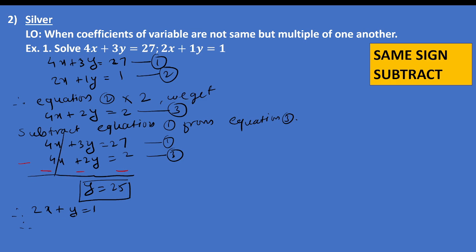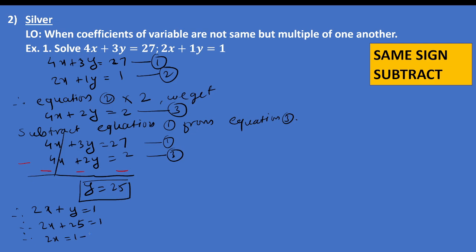Intentionally I took this second equation, because in the second equation I only have one y, so directly I will put the value of y here, 2x plus 25 equals 1, and directly I will shift it there. Otherwise, if I put equation number 1 here, I would have to use 3 into 25 first, and after that do 27 minus 75. So it is one more extra step, so rather than using one more extra step, I go for this.